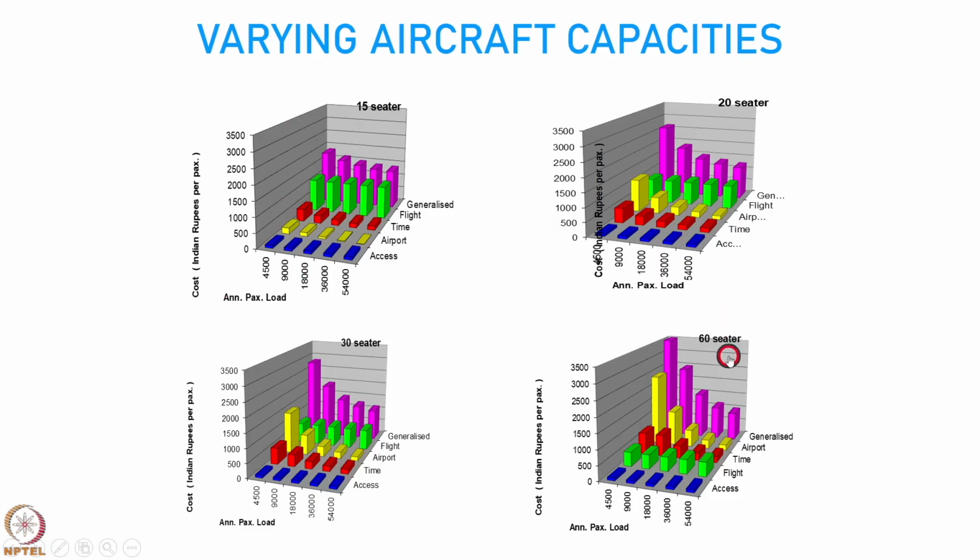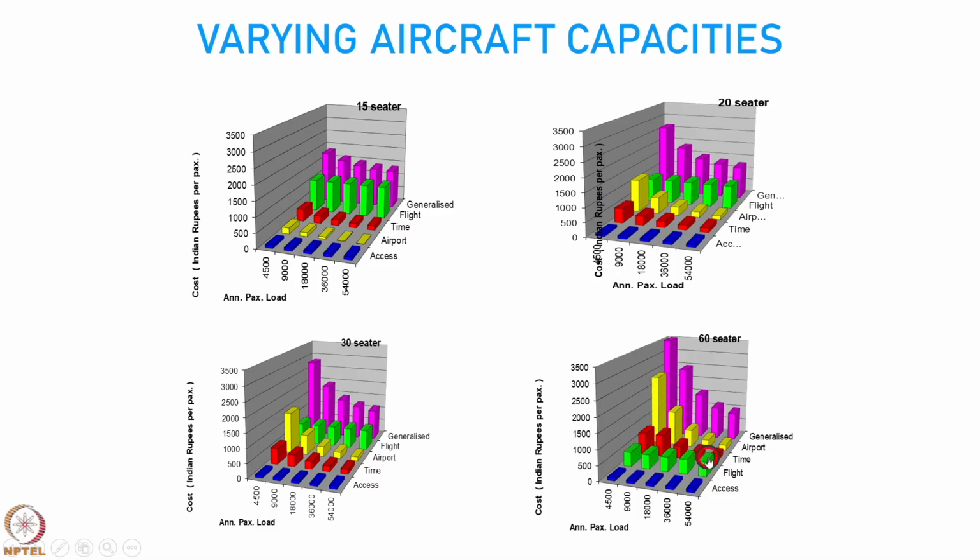Let us now move to the aircraft with the largest number of seats, which is the aircraft with 60-seater. Here we see that if you are flying an aircraft with 60 seats for this market, which has only 4,500 passengers per year, there is a huge amount of cost incurred in the flight cost, in the airport cost. Here the flight cost is going to be a smaller proportion of the total cost.